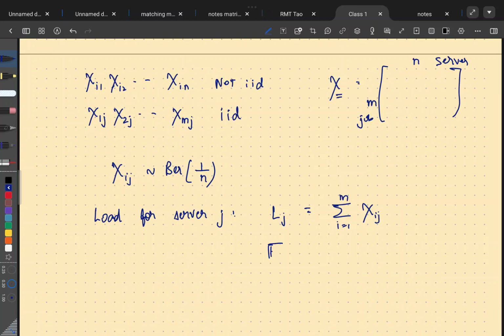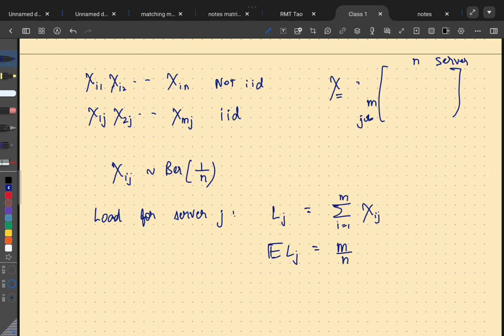What is the expected load? Each chi_ij is Bernoulli 1 by n. So it's m by n. That is good because that's a uniform, balanced allocation.